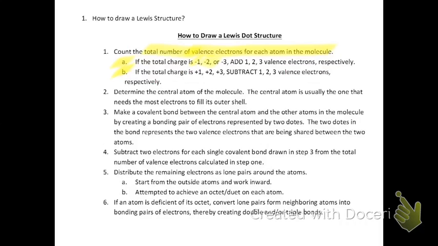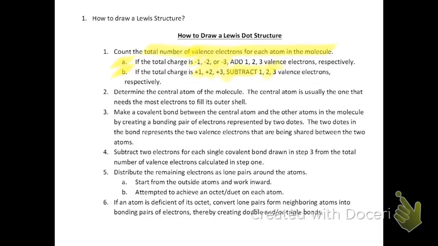If you have a negative 2, then you would add 2 valence electrons to the total number. If you had 3, then you add 3 and so forth. But if they're positive ions, such as positive 1, then you actually subtract 1 electron. If it's a positive 2, then you subtract 2 electrons. Positive 3, you subtract 3 electrons, and so forth.